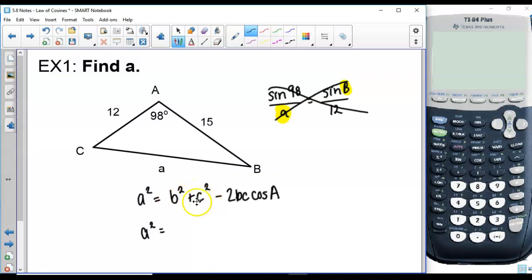It really doesn't matter which one's B and C, but since they're labeled here, I'm going to put my B is 12 and my C is 15. And then 2 times 12 times 15 cosine of 98 degrees.